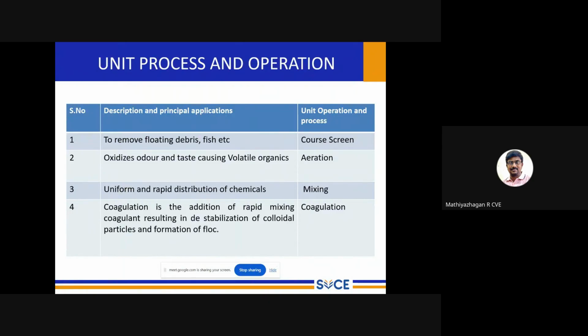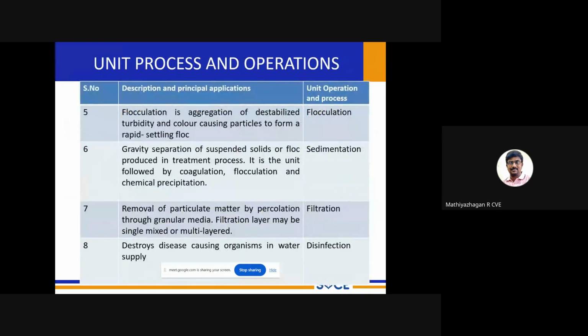So first we are adding the coagulant into the raw water, and we are doing a thorough mixing, a thorough dispersion of aluminum alum into the raw water. At the end of the coagulation process, all the colloidal solids are neutralized, and they form microflocs. Then the flocculation process is a slow mixing process.